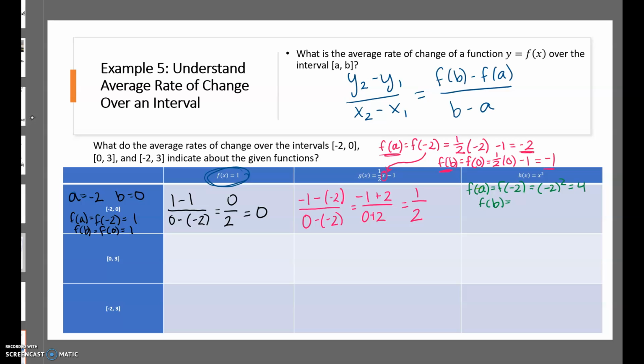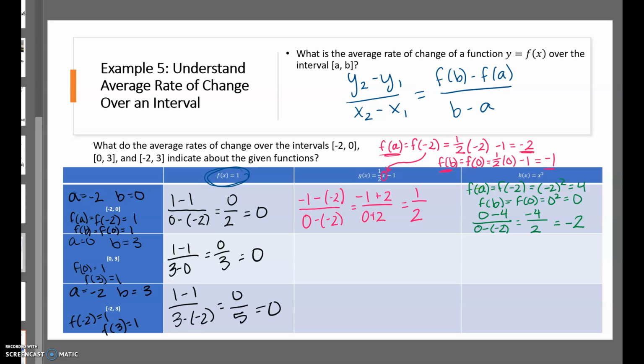F of b, we would have f of 0. 0 squared is 0. So we have 0 minus 4 over 0 minus a -2. So now we have -4 over 2. So our slope would be -2 on this interval for that function. Go ahead and try the other 6 boxes.